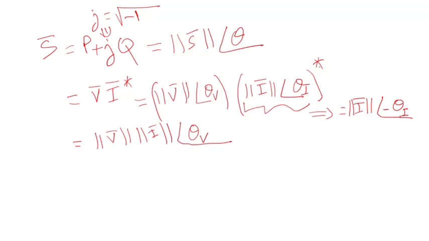So if you want to get rid of the conjugate, basically you put the magnitude with the opposite of the angle. So theta V plus minus theta I, basically. And we know the magnitude of V times the magnitude of I is just the magnitude of S.